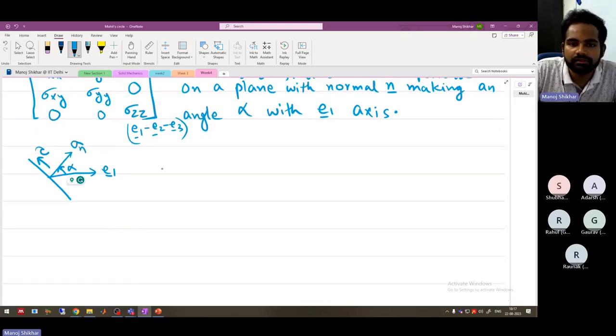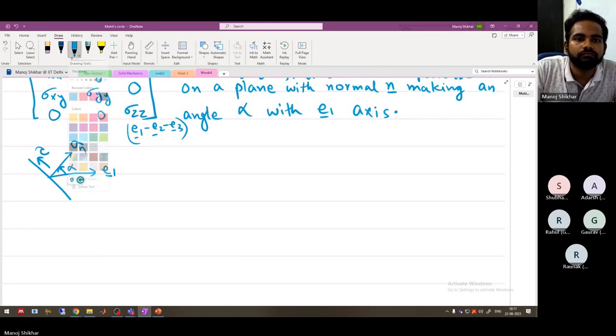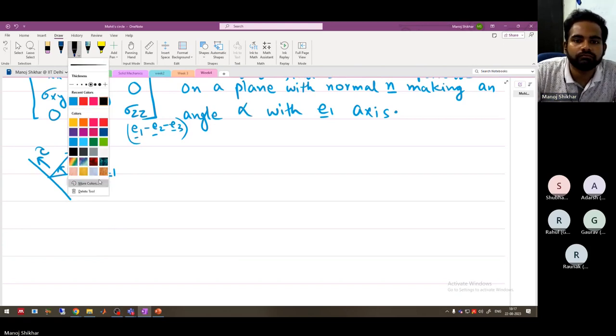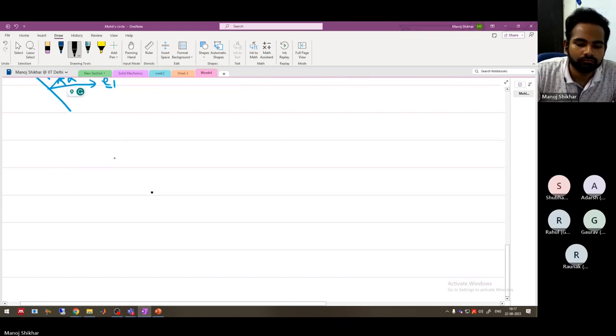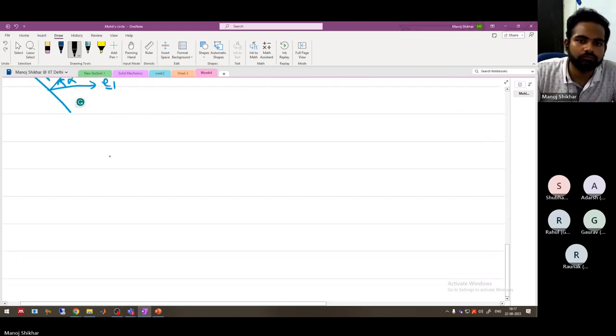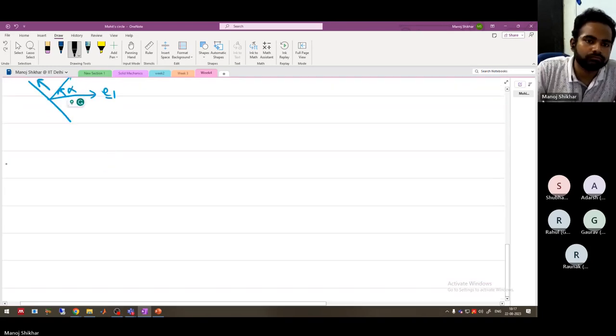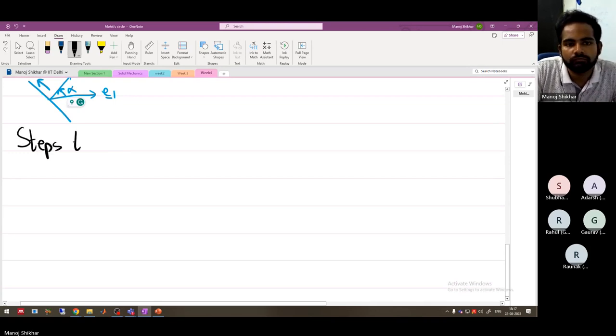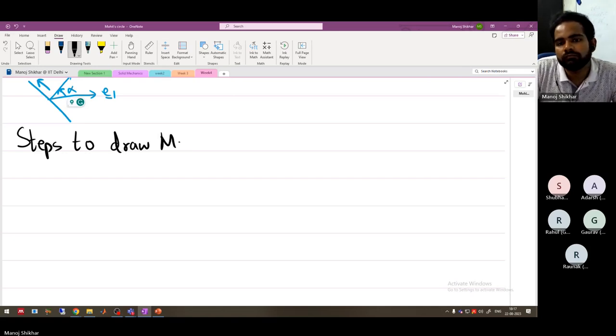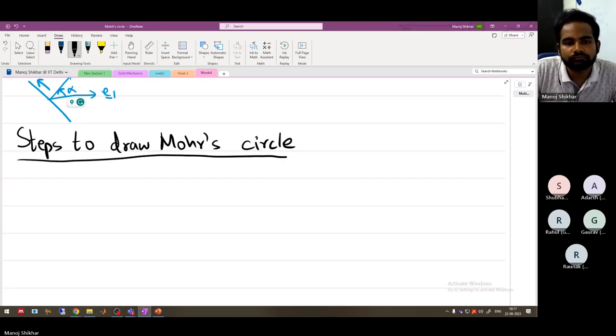Steps to draw Mohr circle. Step one is find the center.